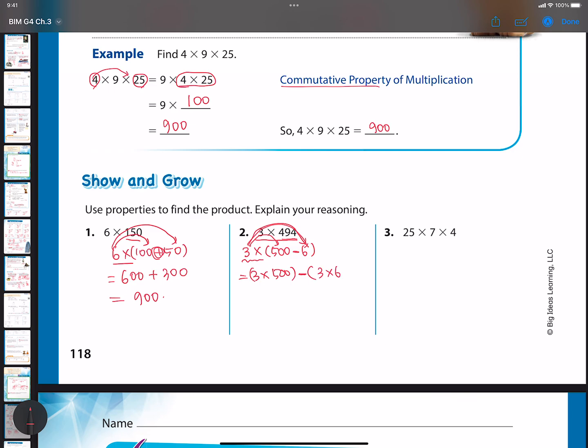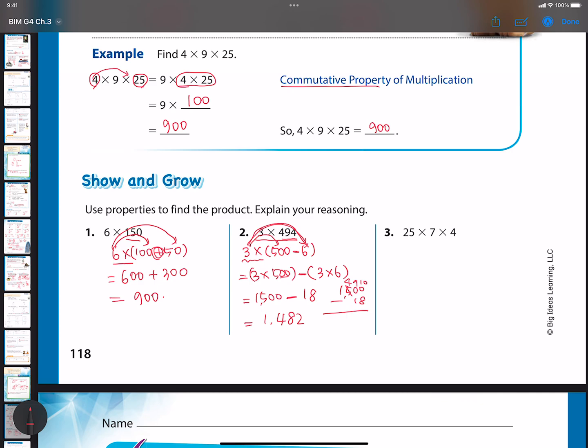3 times 6. Now 3 times 5 is what? 15 and 2 more zeros. Okay, and then remember, subtract. So take away 3 times 6, 18. 1,500 take away 18 is what? 1,482. You can do it. Okay, so here, look at this. Take away 18 is equal to what? 4, 9, 10.